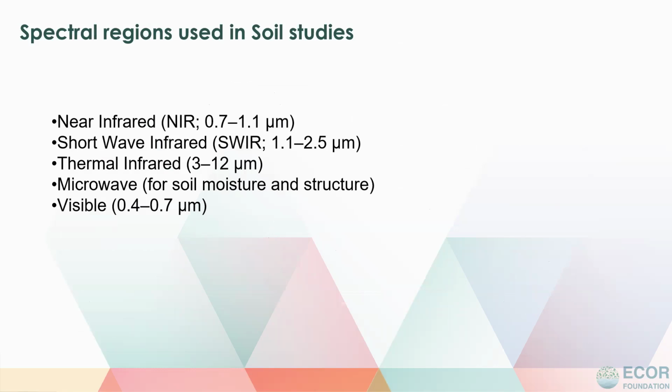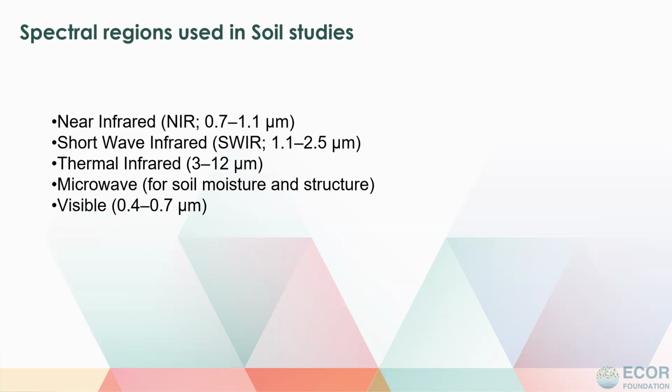Different soil properties reflect light differently in different portions of the electromagnetic spectrum, right? Visible light relates to soil color and mineral presence. Near infrared and shortwave infrared are excellent for detecting moisture, organic matter, and soil minerals.